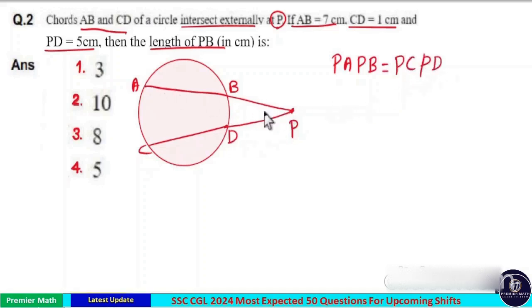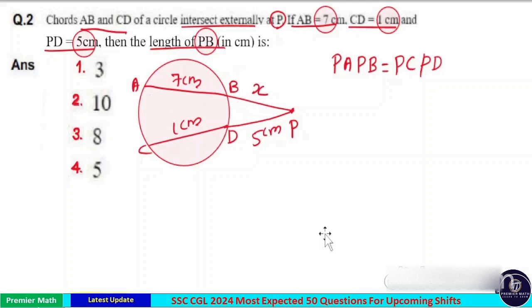Length of segment means PA and PB, which is equal to PC and PD. Now here AB is equal to 7 centimeters, CD is equal to 1 centimeter, and PD is equal to 5 centimeters. Now we have to find the length of PB. Consider the length of PB as X.